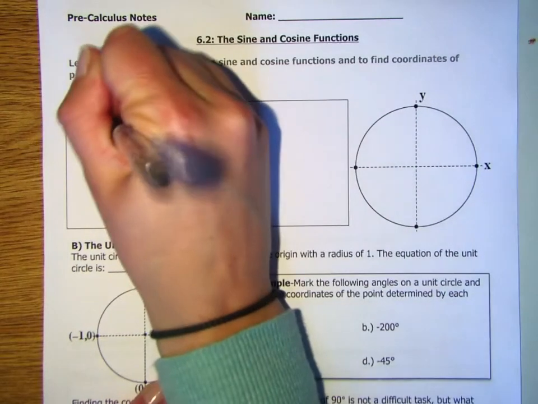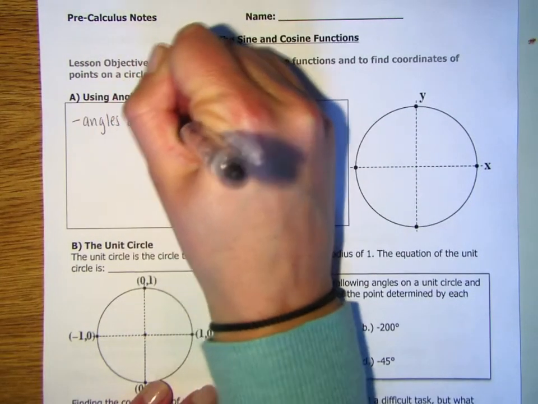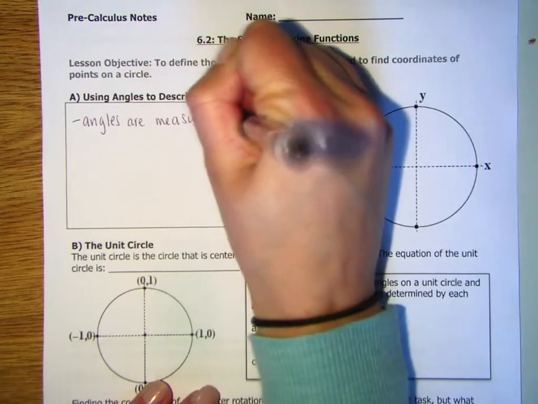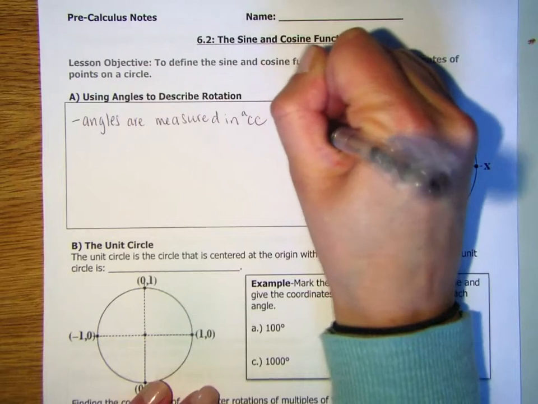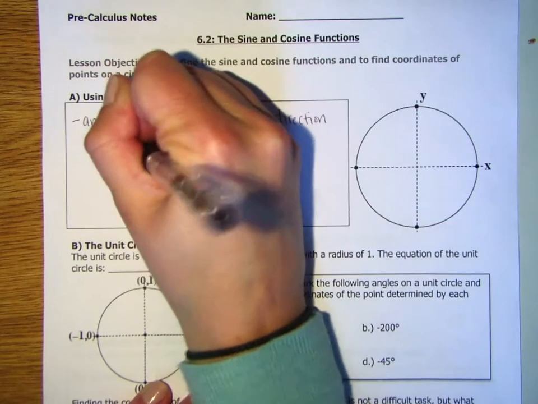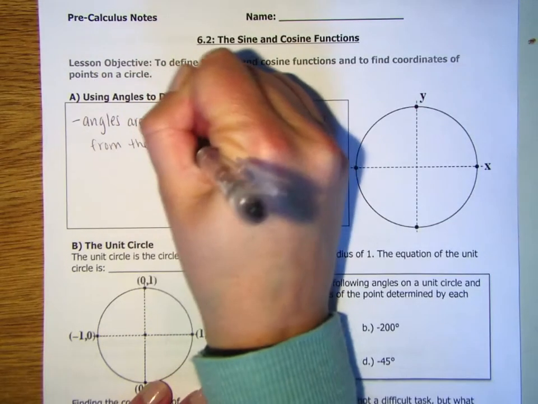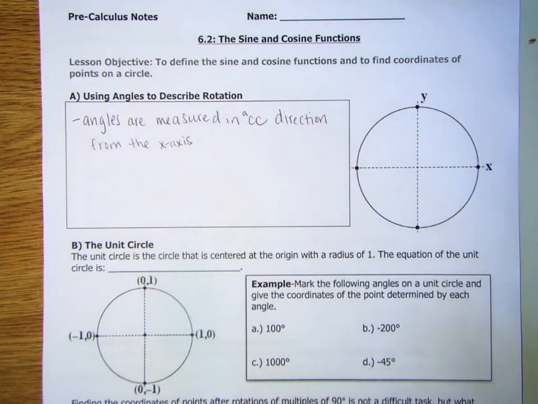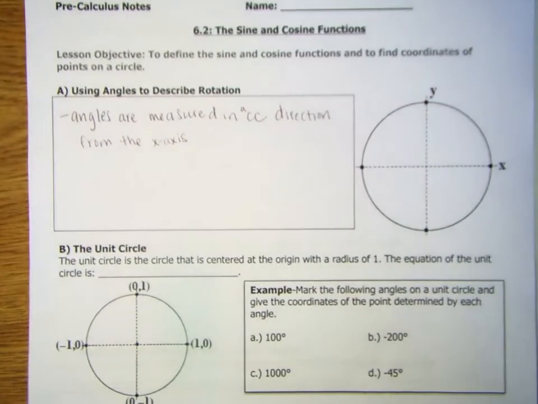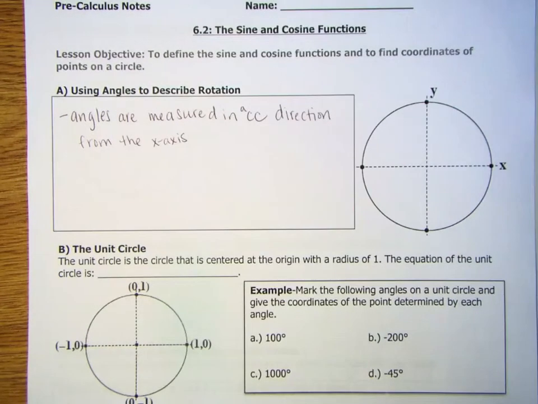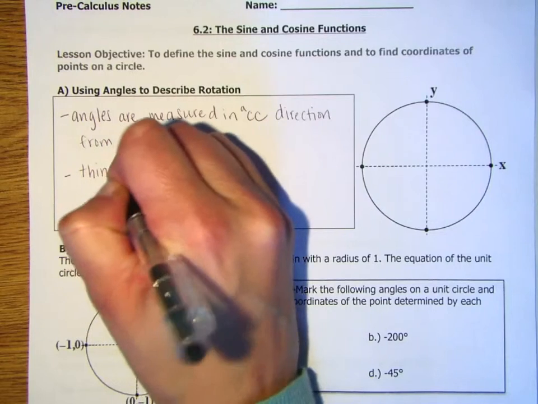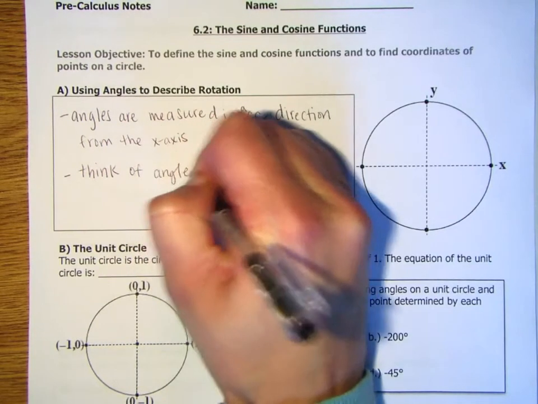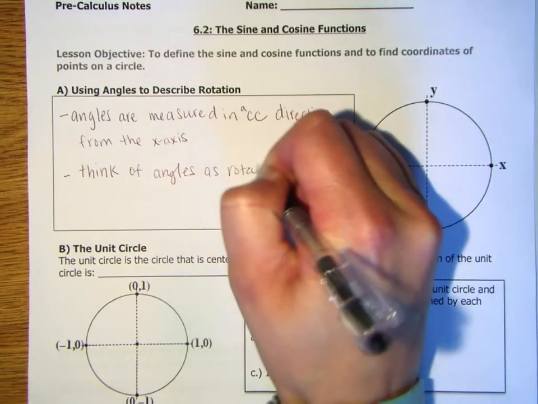Angles are measured in a counterclockwise direction from the x-axis. And we think of angles as rotations.